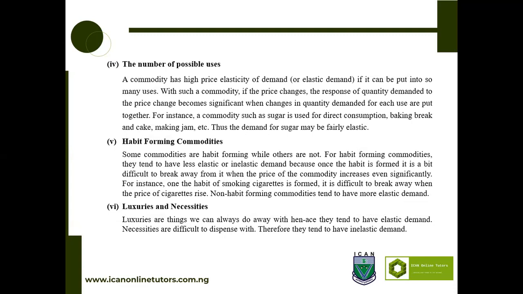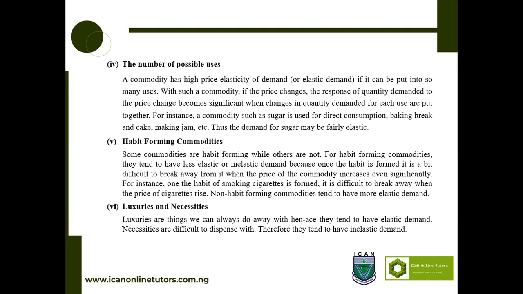We have the number of possible uses. A commodity has high price elasticity of demand if it can be put to many uses. With such a commodity, if the price changes, the response of quantity demanded to the price change becomes significant when changes in quantity demanded for each use are put together.